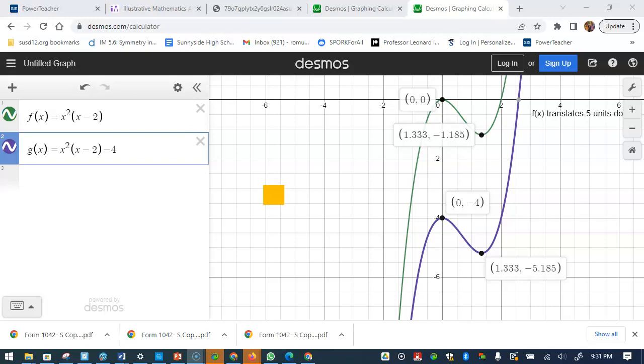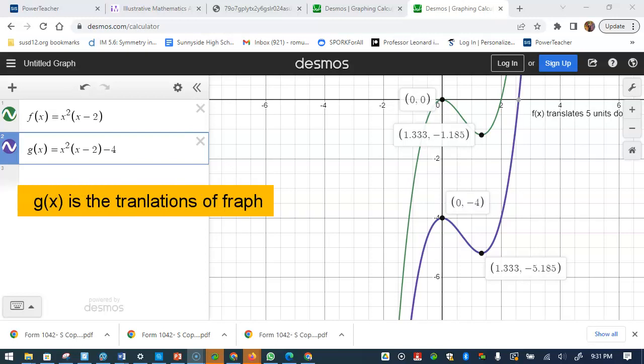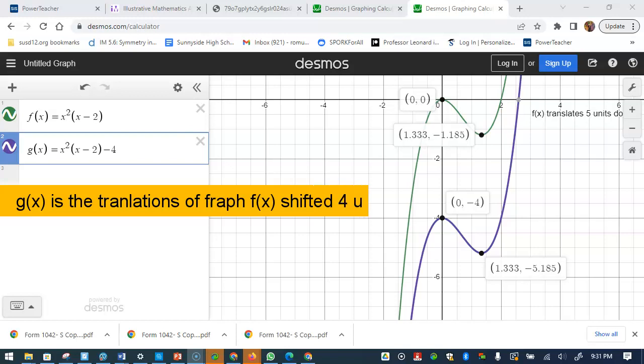So what happens is, g of x is the graph, is the translation of graph f of x, shifted 4 units down. See, so that's the g of x.